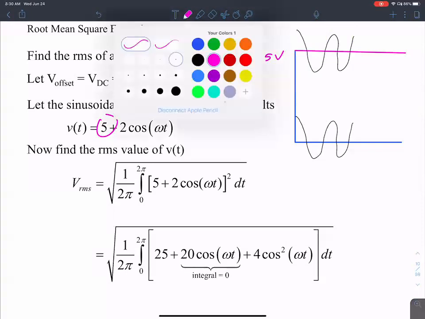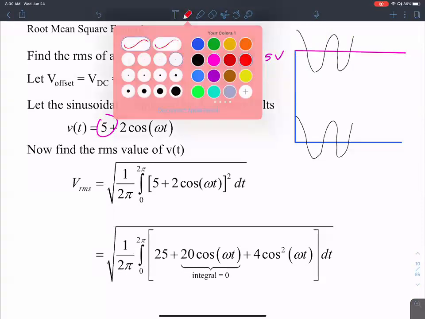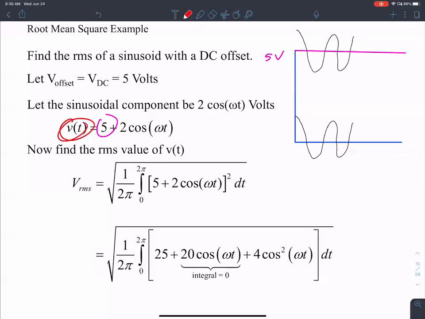If you were to plot the overall V of t, it would be the sum of the two, the DC and this cosine. What the DC offset has simply done is move the wave up and down. To move the wave left and right, we use the phase angle. To move the wave up and down, we simply apply a DC offset value.